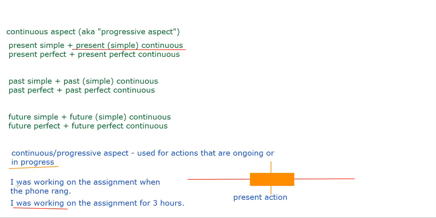So in that case, was working would technically be incomplete because you didn't finish working on the assignment when the phone rang, did you? No, you were in the middle of working on the assignment. So that's an incomplete action. But the bottom one, I was working on the assignment for 3 hours, that's complete because it wasn't interrupted by anything.